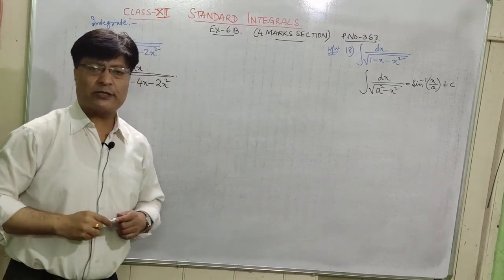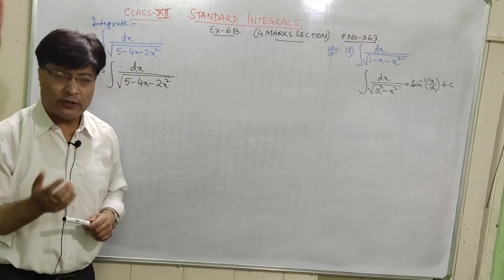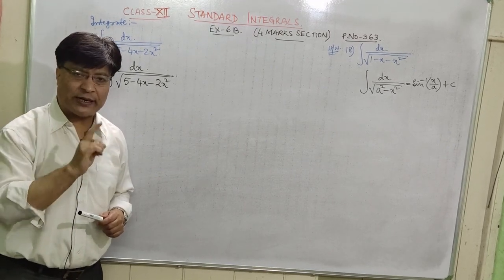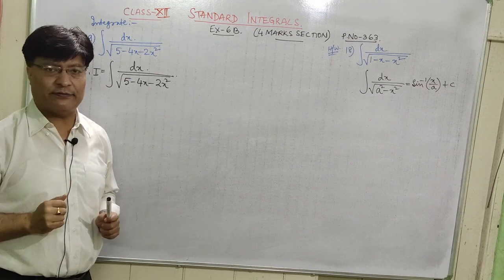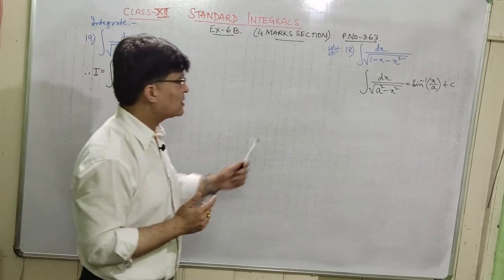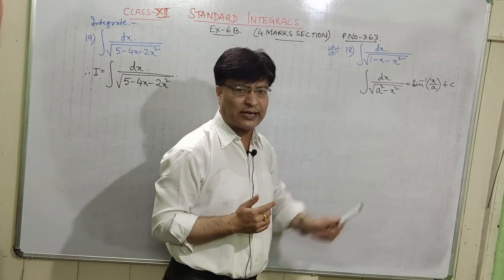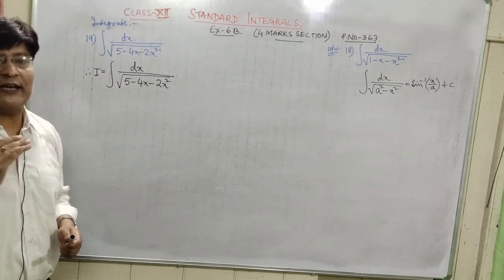So if the expression is under square root, and if the coefficient of x square is negative, and if the expression can be factorized, don't factorize it, because in this case the coefficient of x square is negative. Okay, so directly you have to convert into standard form. You will get standard form number 6. This is the 6th standard form, and directly you can use the formula of sine inverse x by a, which is the simplified form.